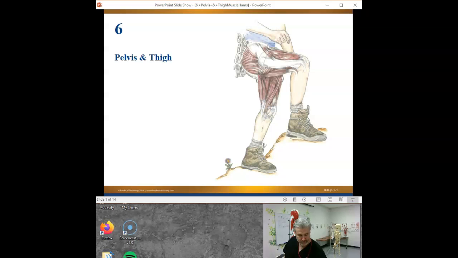The long head of the biceps femoris. I like where this is going. Yeah, you're off to a great start. And the long head of the semitendinosus. Is there a short head on the semitendinosus?